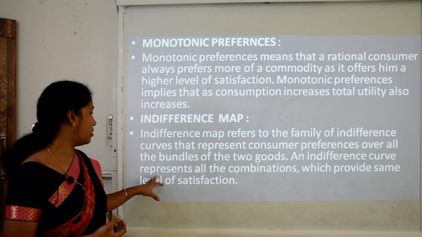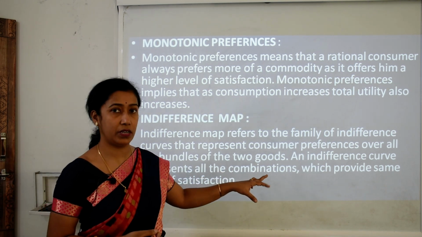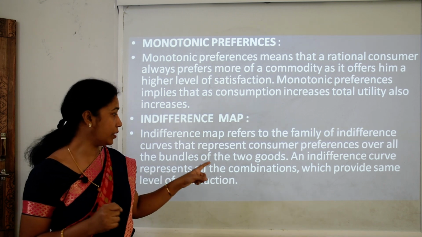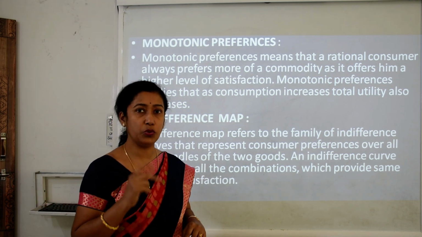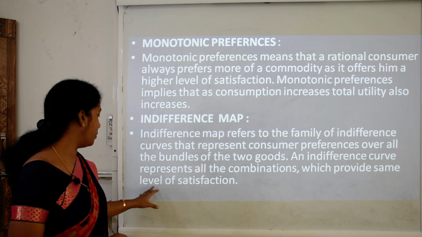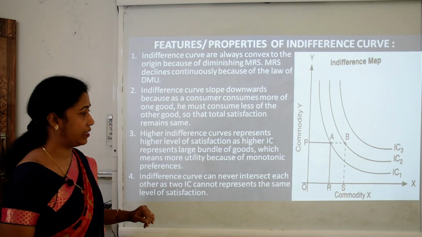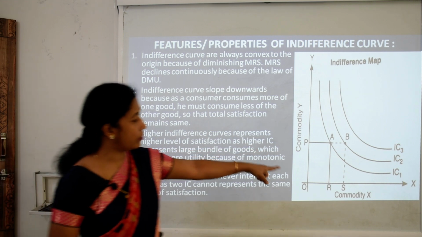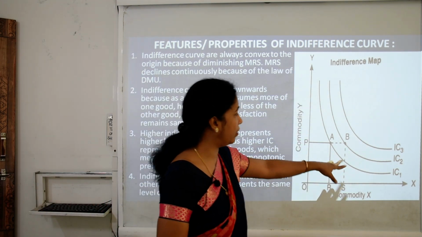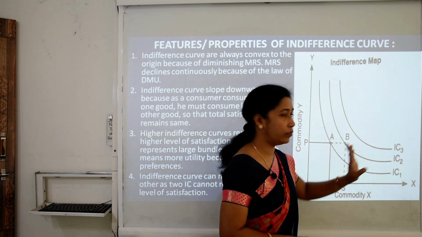An indifference curve represents all the combinations. That means all the indifference curves represent the combination of 2 goods according to the preference of the consumer, and which provides them the same level of satisfaction. Now you can see here, this is an indifference curve. You can see that various indifference curves are there. I see 1, 2 and 3.